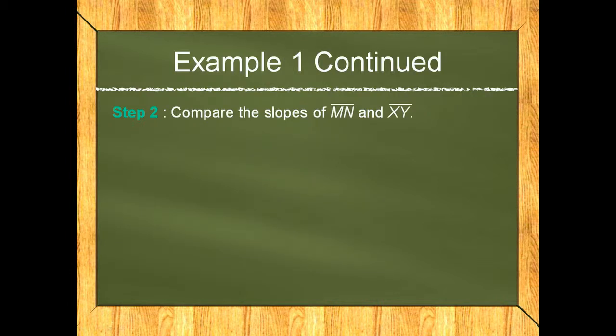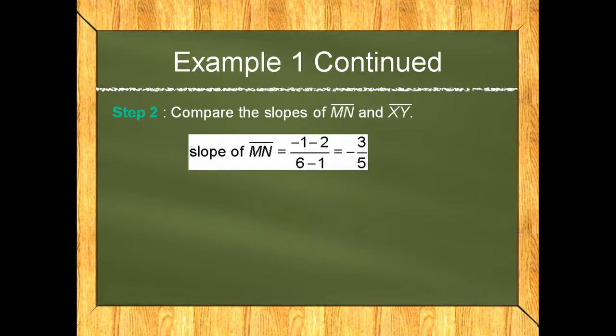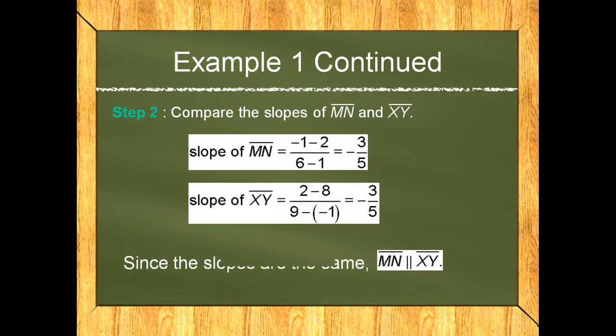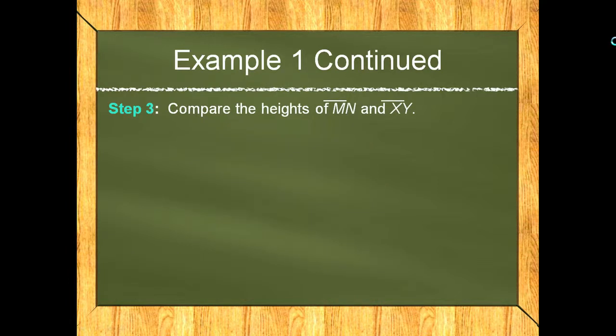Step 2, we want to compare the slopes of MN and XY. The slope of MN is -3/5. The slope of XY is -3/5. Since the slopes are the same, MN is parallel to XY. Step 3, we will compare the lengths of MN and XY.